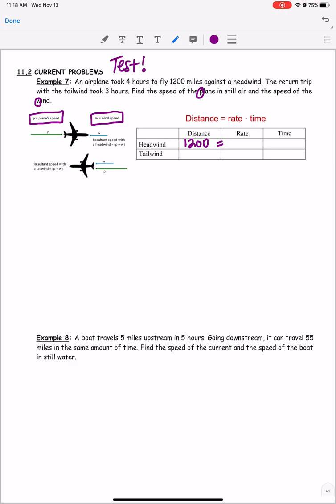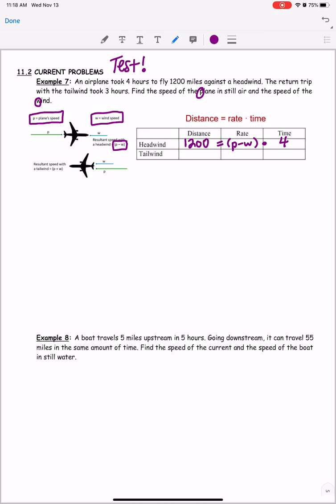In a headwind, your rate is going to be this P minus W. Your plane speed minus the wind speed, because that wind is hurting you, going against you, times my time. How long did it take me to fly? 4 hours.